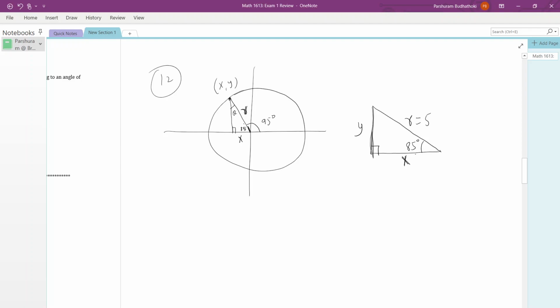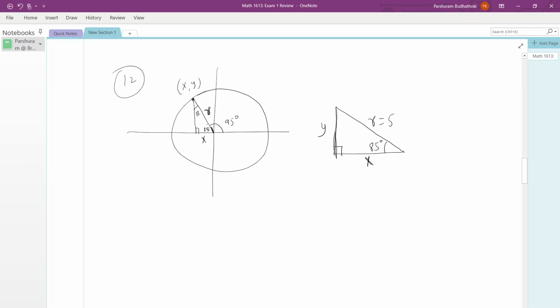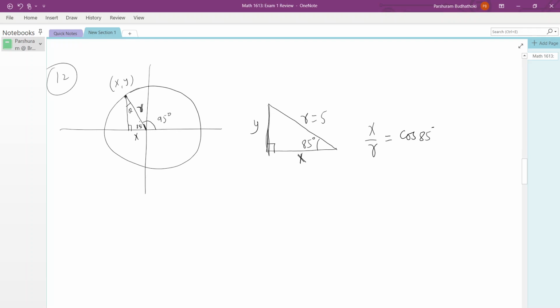By looking at this right triangle, you can see that x over r is equal to cosine of 85 degrees. Cosine means base over hypotenuse, so base over hypotenuse gives me cosine 85.